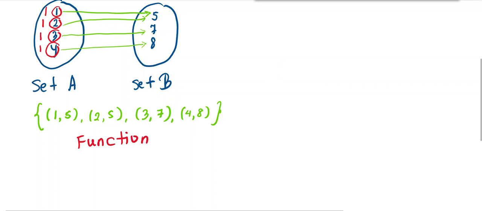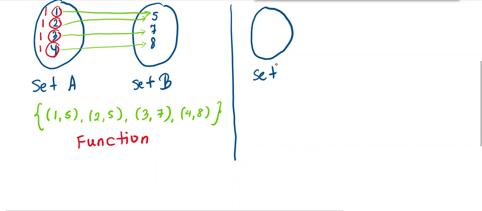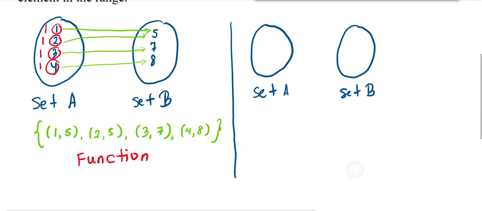Okay, now let's take a look at another relation on the right side. So let's say we have a set A and set B. Set A has elements, let's say for example, 5, 7, and 8.